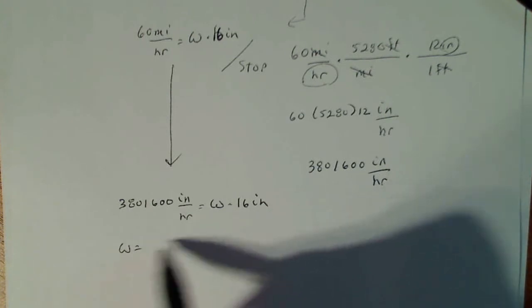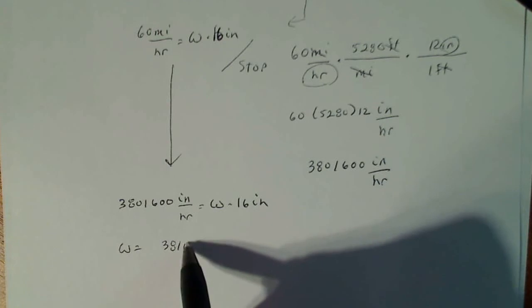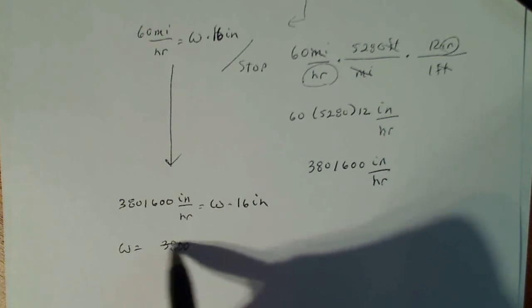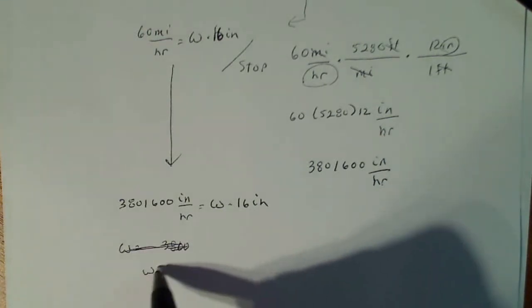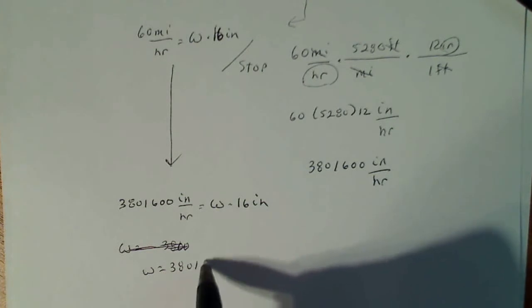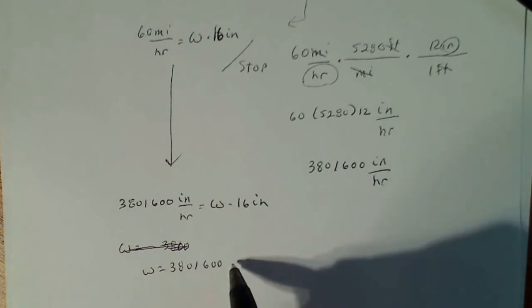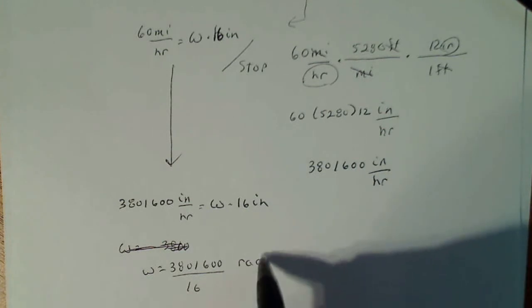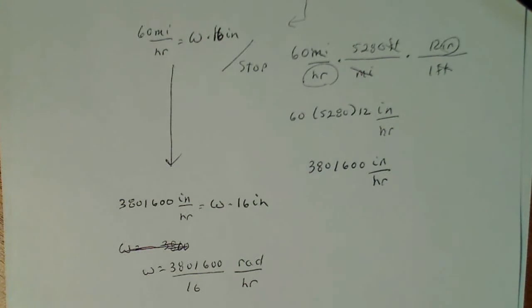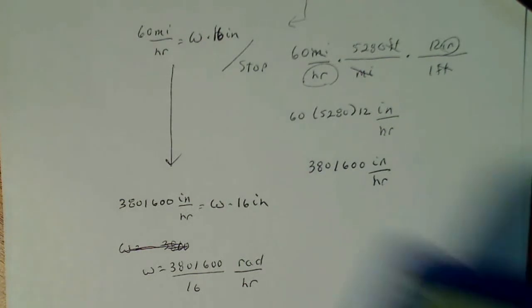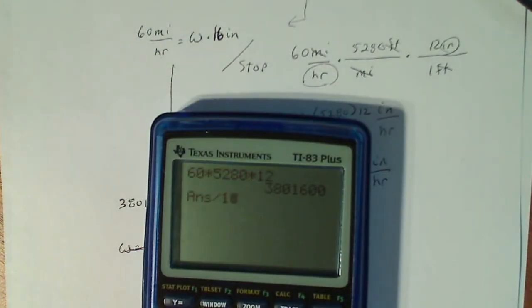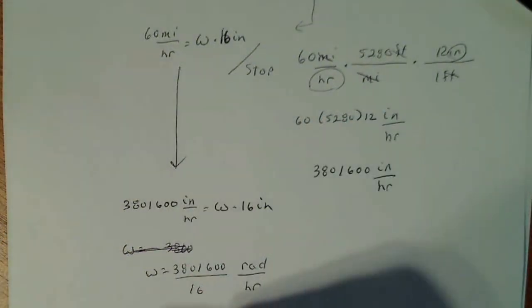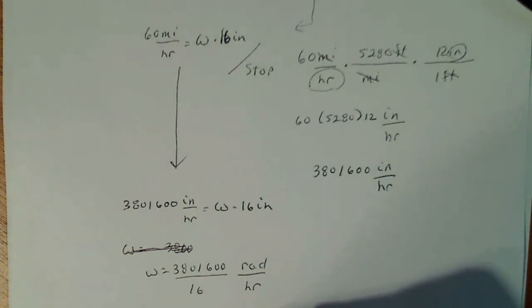So omega is equal to 380,1600 divided by 16, and that's going to be radians per hour. If I stick this in here and divide by 16, I get 237,600. So omega is 237,600 radians per hour.